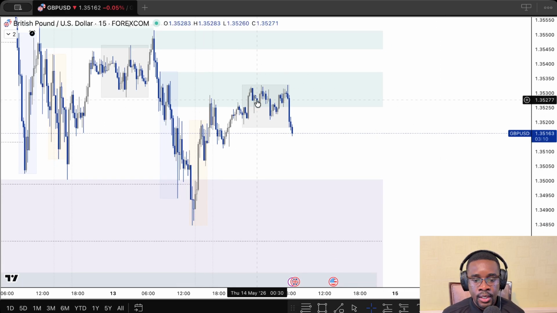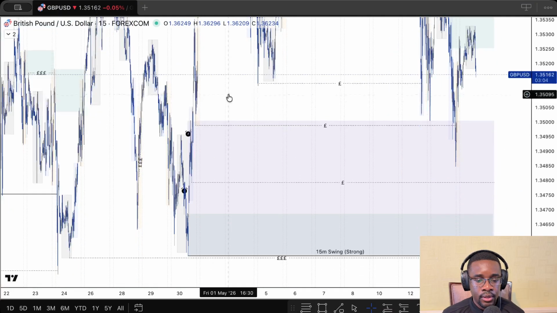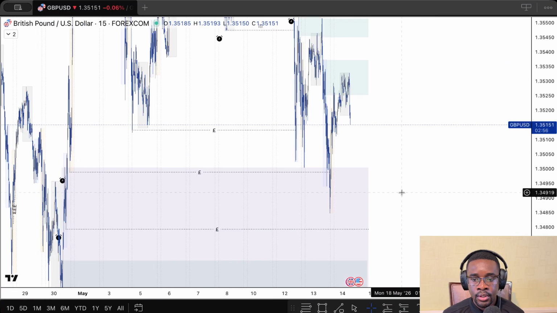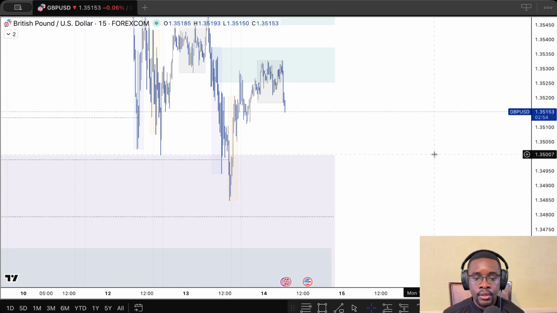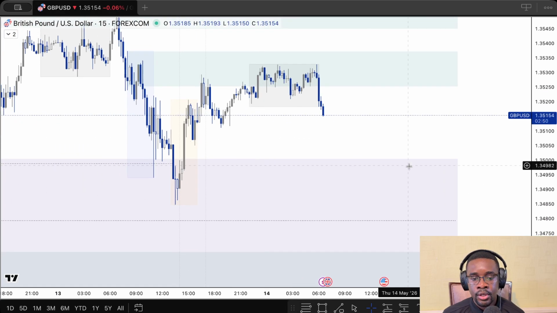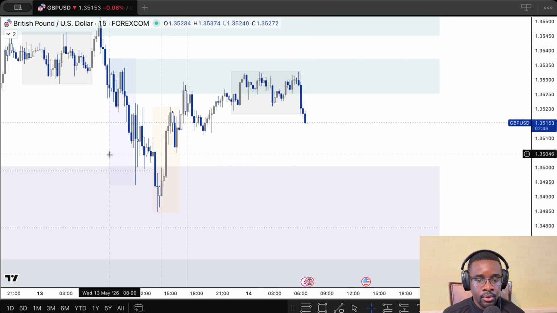So price has already mitigated and price is now pushing to the downside. We do have areas of liquidity, relative equal lows. So definitely I'm targeting price to come down to that side. Okay, so strongly bearish. So the bias is bearish as well.